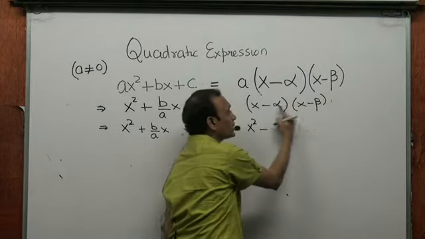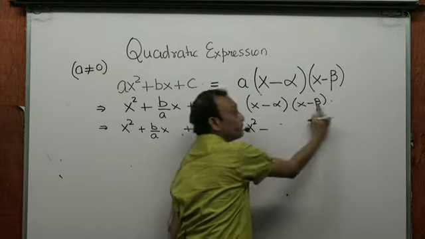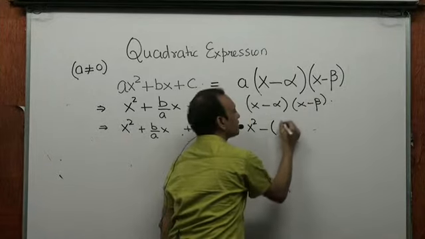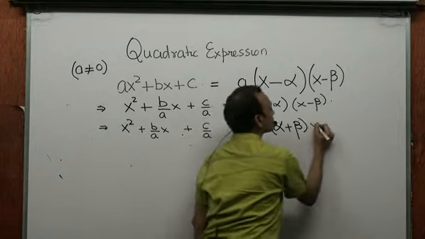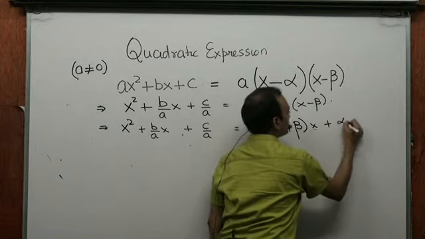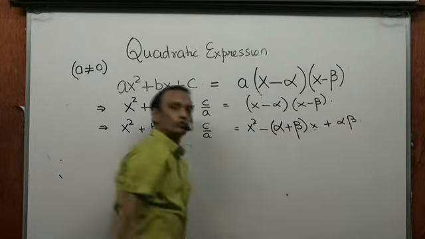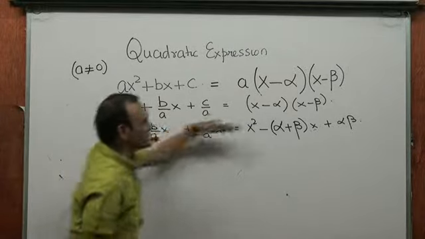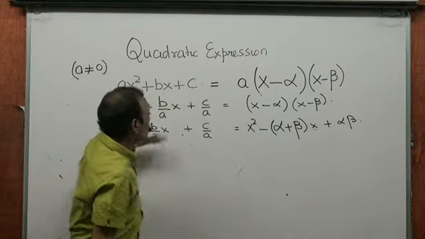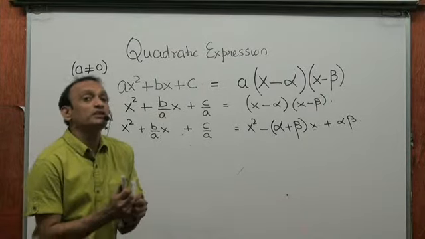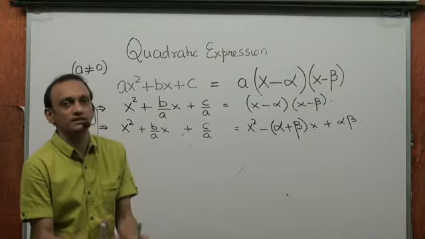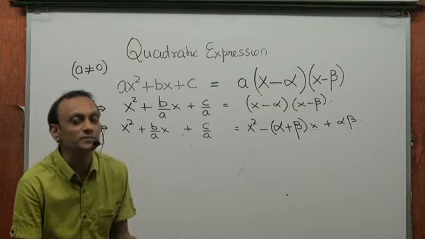X into x is x square, minus alpha x minus beta x is like minus alpha plus beta into x, plus alpha beta. Yes or no? Right? So this is identical to this. If two expressions are identical, then the coefficients of equal powers of x in the two expressions must be the same.